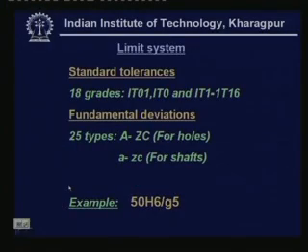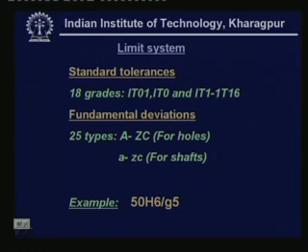And for that we do have this situation, which is like this. A limit system is defined by standard tolerances, which are of 18 grades. Higher the grade means higher the tolerance, and fundamental deviations are of 25 types, as I mentioned, A to ZC.